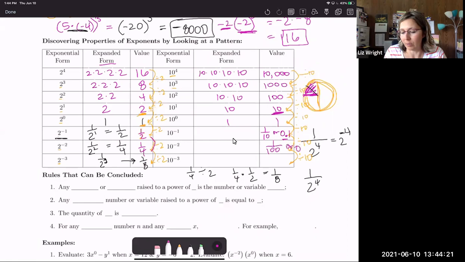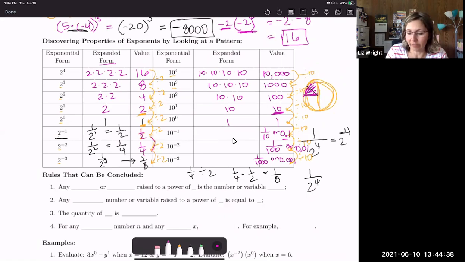Or you could write it as 0.01. And if I divide 1/100th by another 10, I'm going to get 1/1000th, which is going to be 0.001. So now let's go back over and fill in the rest of our chart.